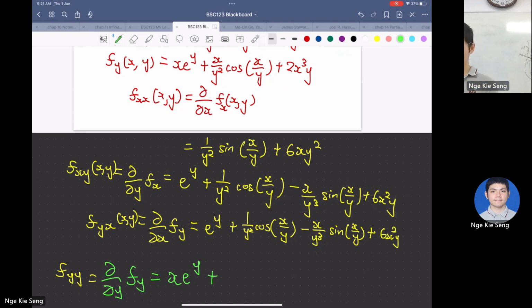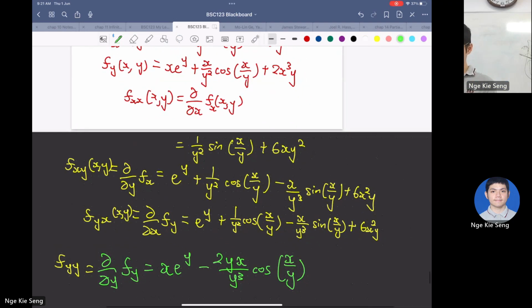Plus minus 2y, negative 2y x over y cubed, is it? Yeah, let me write out my answer and then check.